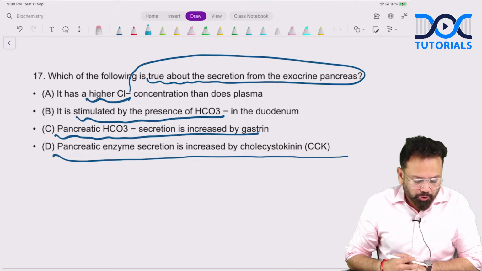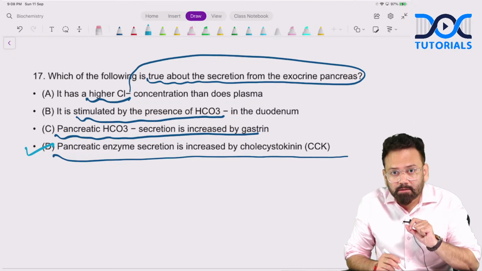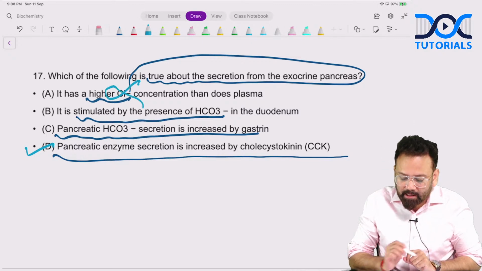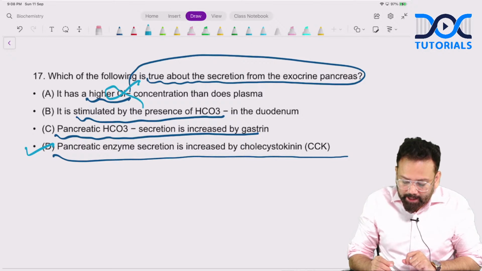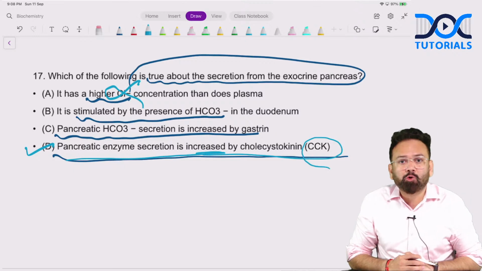What is the answer? Piyush, D. Deepika Yadav, D. Okay. Harshita, D. Visesh, D. So most of you are saying D. Excellent. Does it have higher chloride or bicarbonate? Bicarbonate. It is increased by cholecystokinin, pancreozymin.